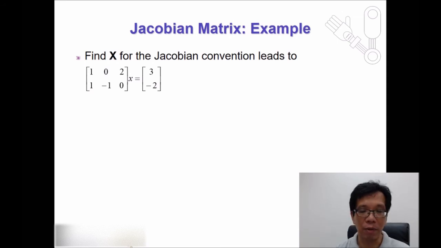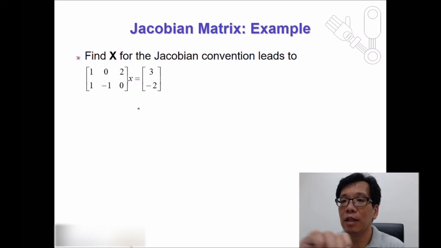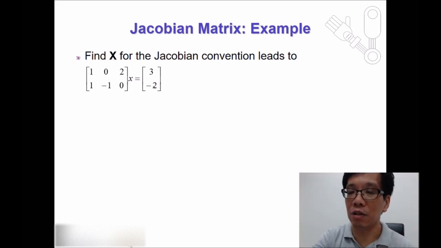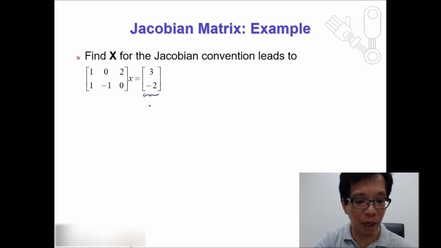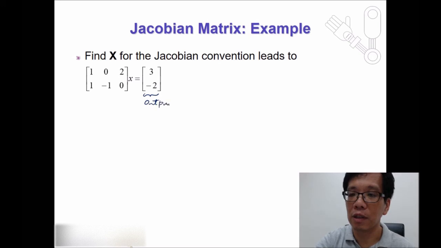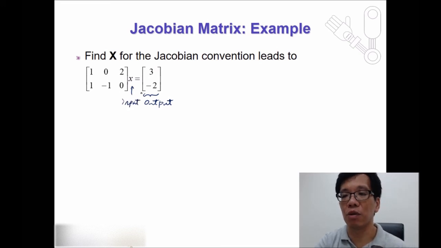Let's work on one example. We want to find x for the Jacobian convention that leads to this one. So this one over here is going to be my output. This one is actually the input. In the previous few slides, we used Q on this part.